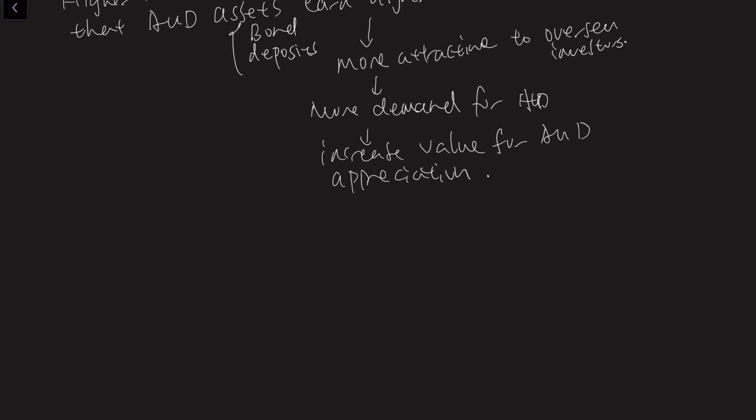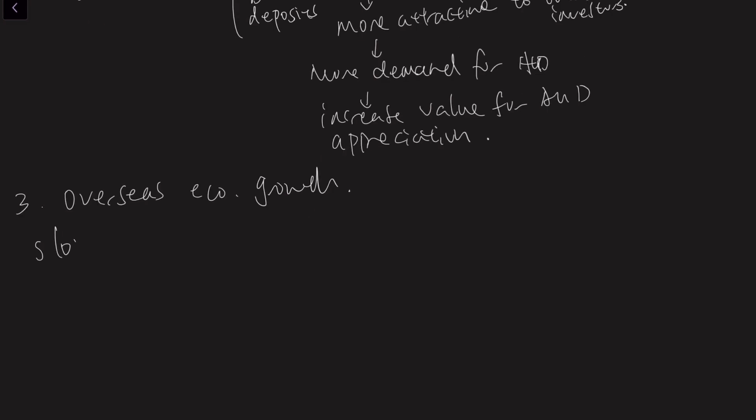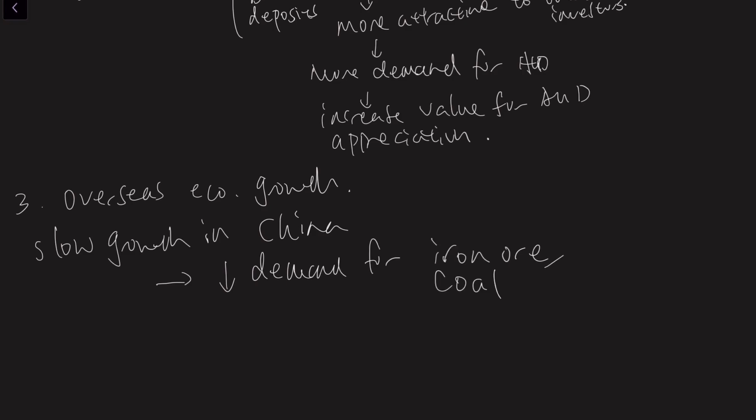The next factor is overseas economic growth. So if we have slow growth in a major trading partner like China, this means less demand for iron ore and coal. Coal is used to generate electricity.